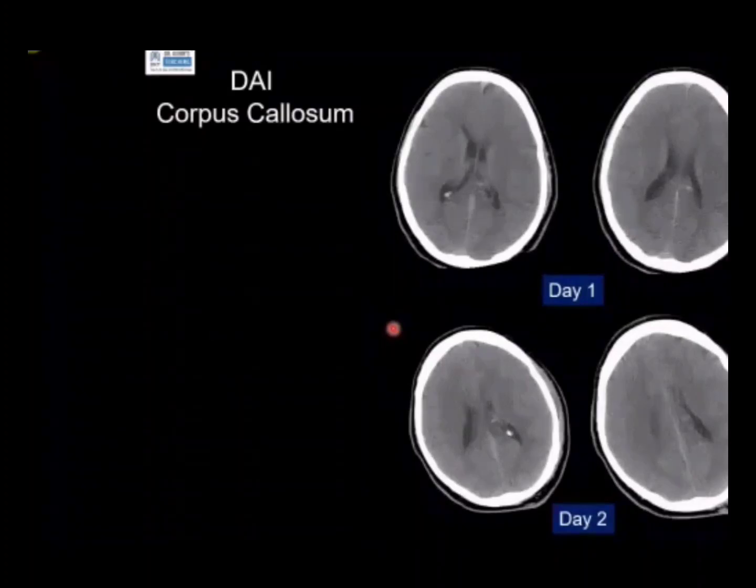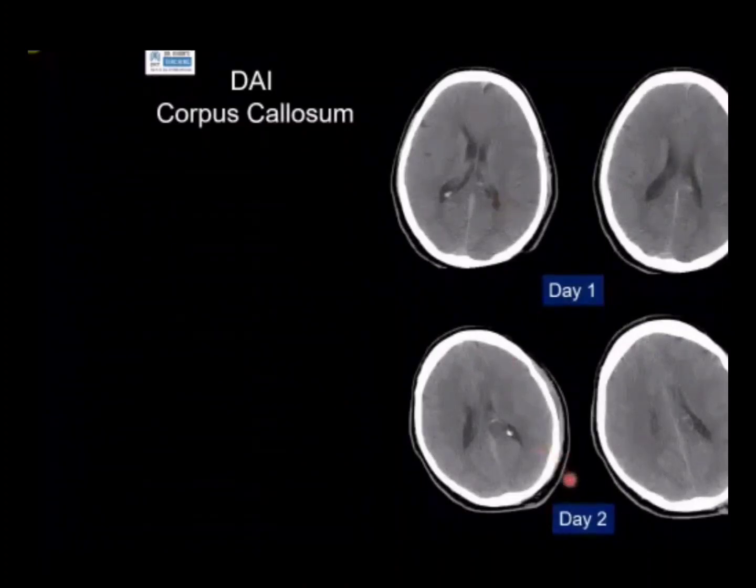Now, look at this case. This is a classical viva case, though I'm showing you just as a teaching case, where there is a bit of generalized edema, and the only finding, if you look carefully, is this high density. So this is what I say, that you have to develop your eyes to pick up findings in the corpus callosum.